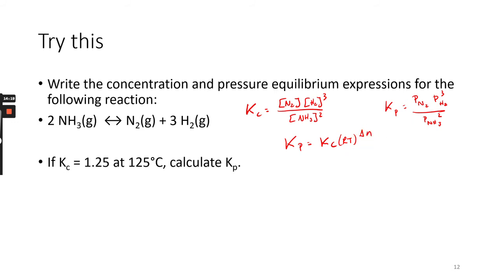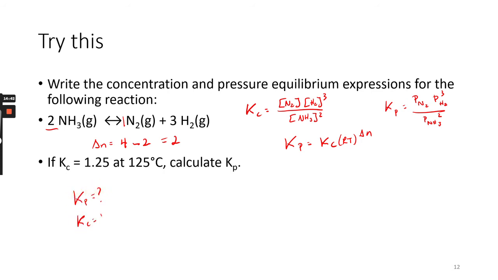What is delta n in my case here? So I have 1 mole of N2 and 3 moles of H2. So I have 4 moles total product minus 2 moles reactants. So my delta n is 2. So if Kc is 1.25 and my temperature is 125, what is Kp? So we're trying to solve for Kp.